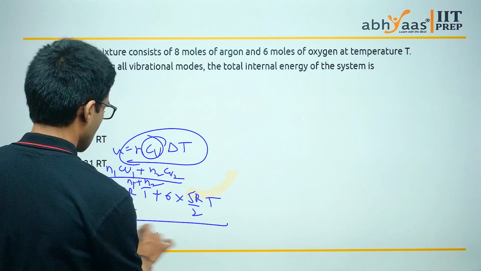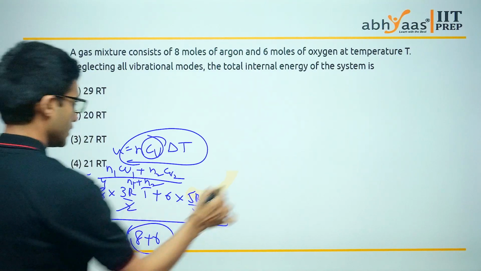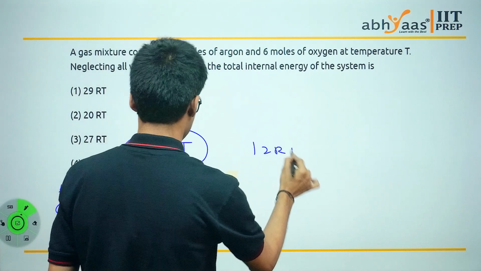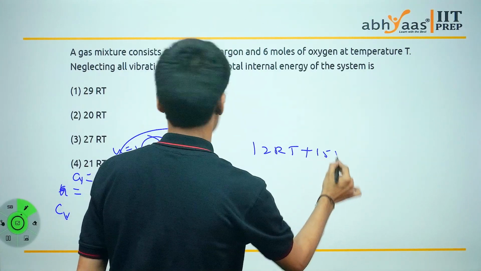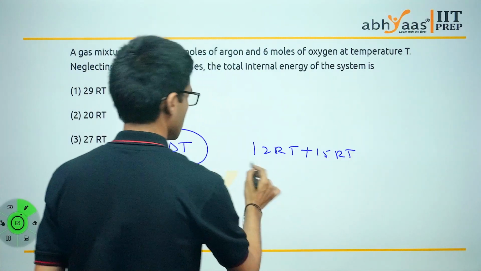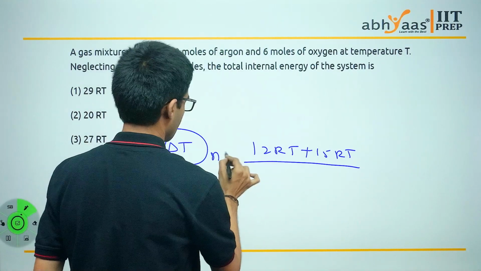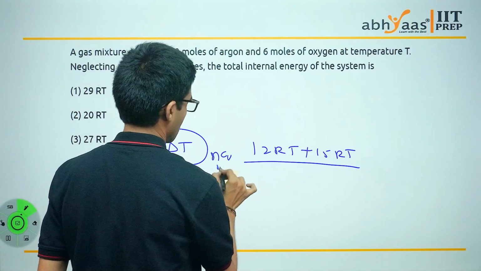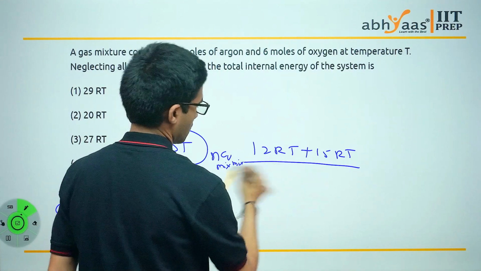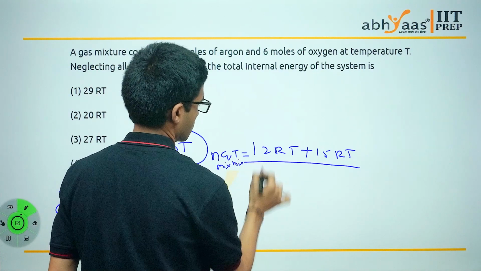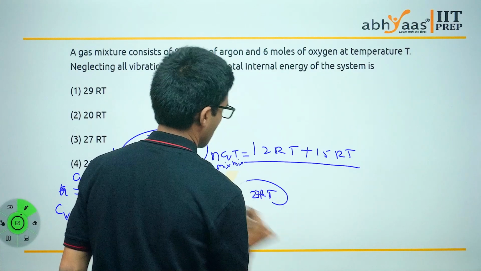After that you just multiply: 4 3s are 12 RT plus 3 5s are 15 RT. That is directly the mixture CV, N CV into delta T, that is 27 RT. This is the answer.